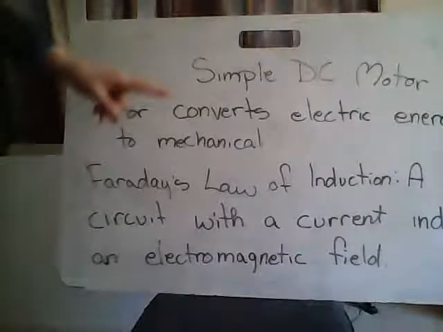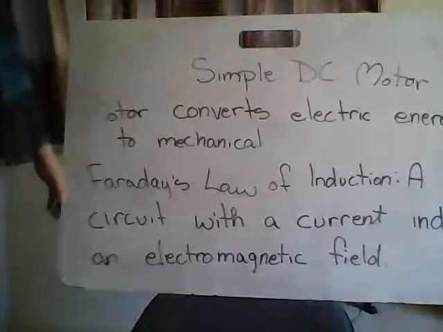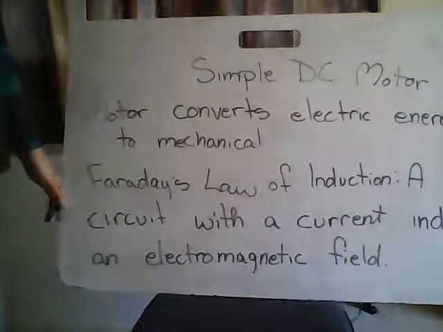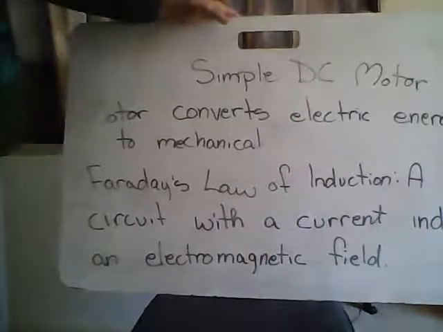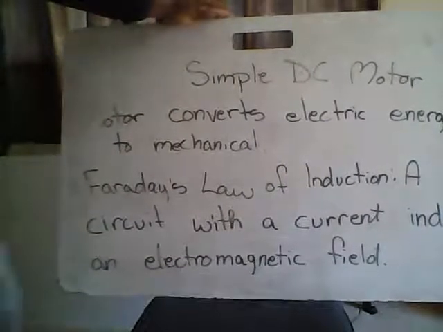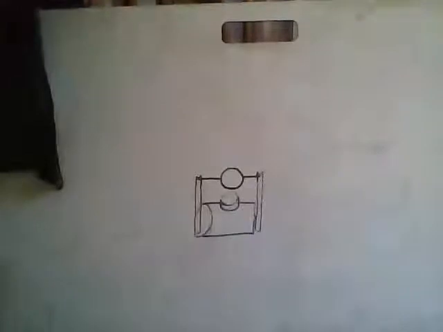Faraday's law of induction tells us that a circuit with a current induces an electromagnetic field. Okay, so it induces a magnetic field and thereby induces a force that makes the coil turn. So this is the setup that we had for the electric motor.